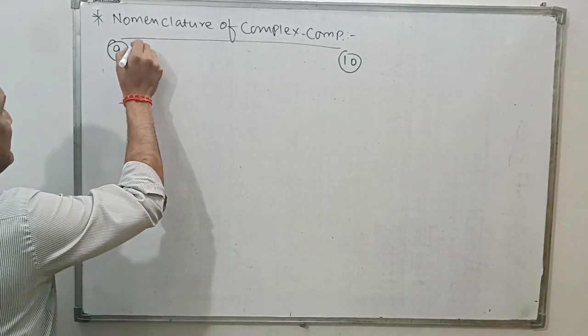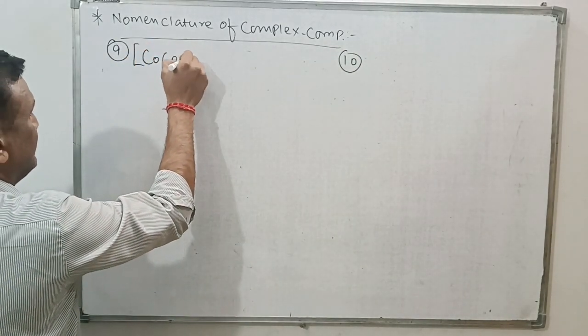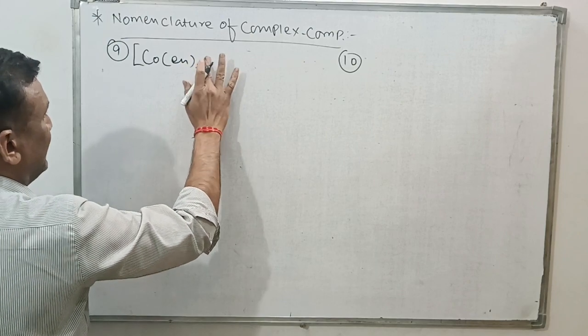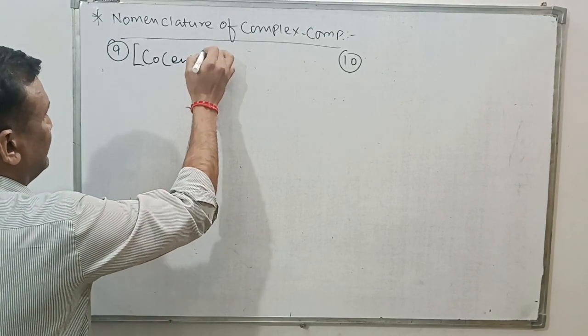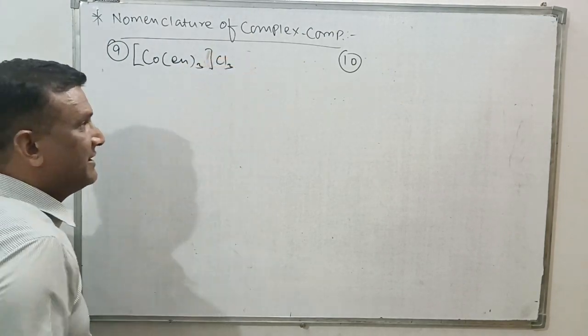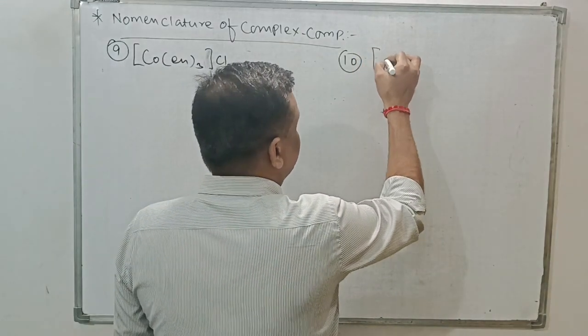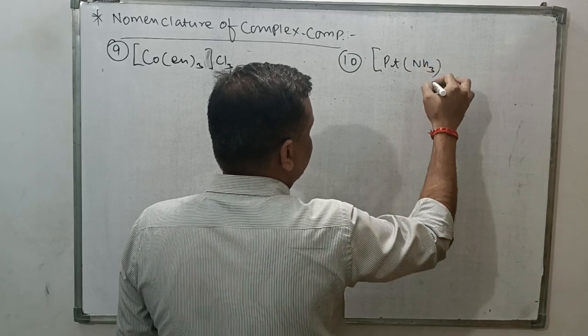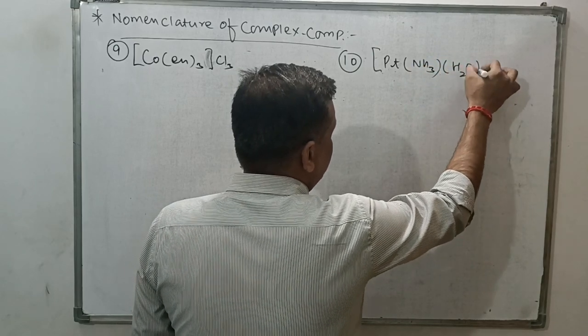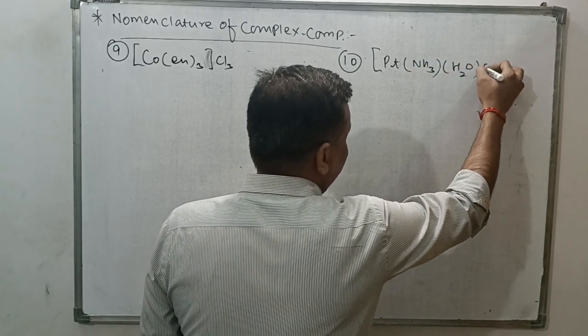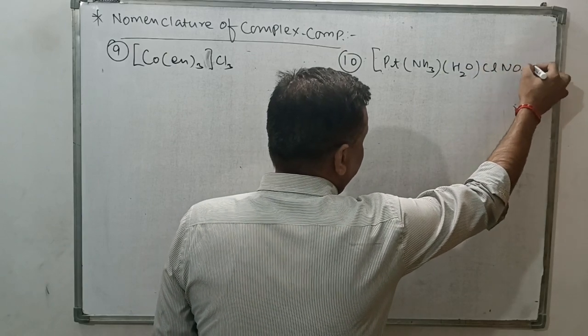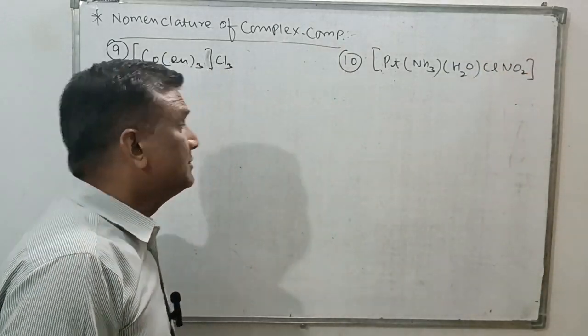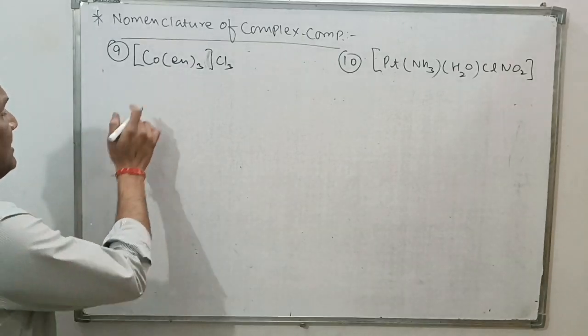The 9th compound is [Co(en)3]Cl3. For the 10th compound, we can take Pt(NH3)(H2O)(NO2)Cl. First of all, we'll go with the 9th compound.